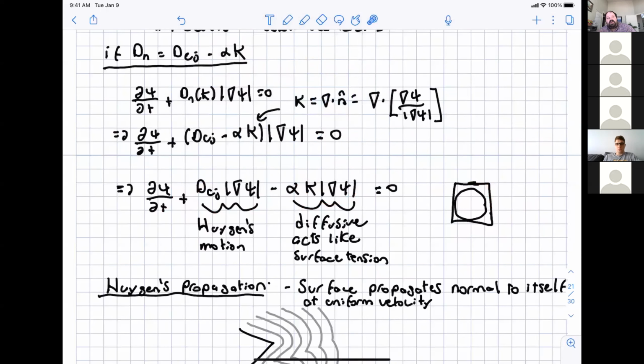A lot of the behavior you'd see when you evolve the surface will look a little like what happens in fluid mechanics with surface-tension-induced motion of a droplet.